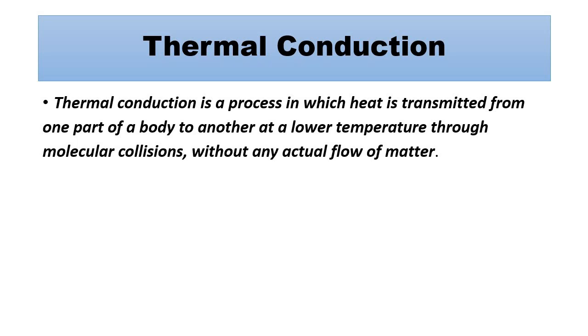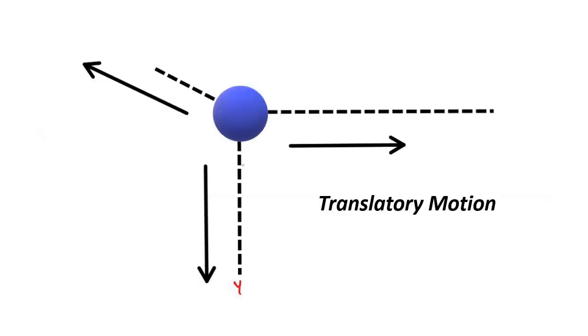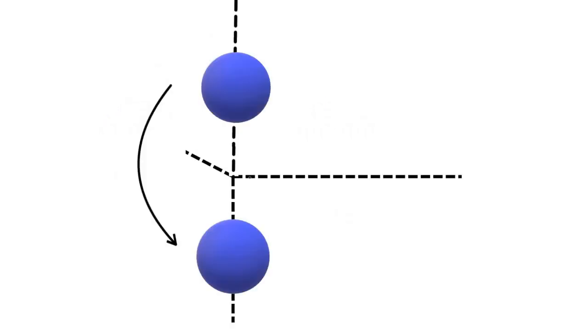Okay, so here we know the basic concept and we understand that every object has three types of energies: translatory, rotatory and vibrational.